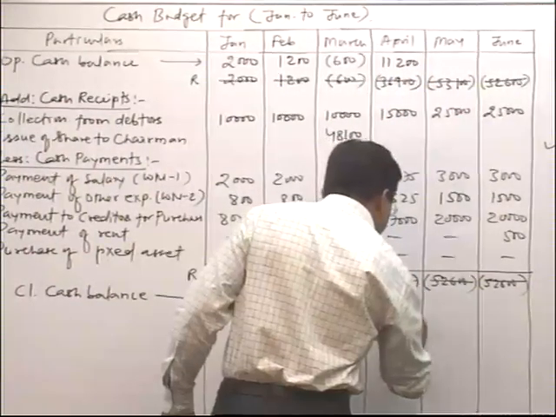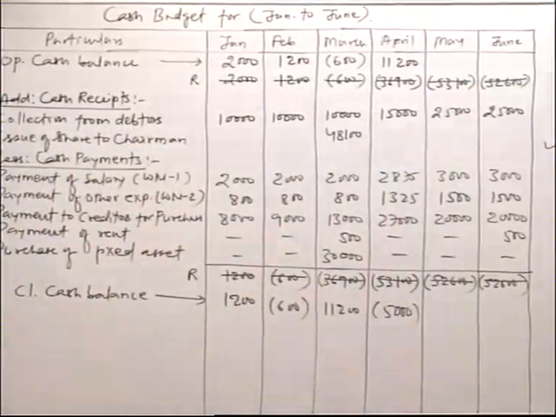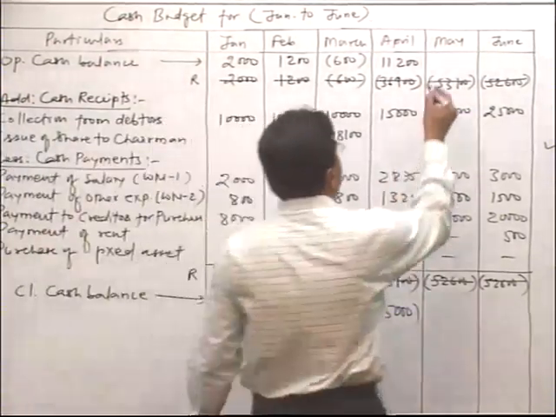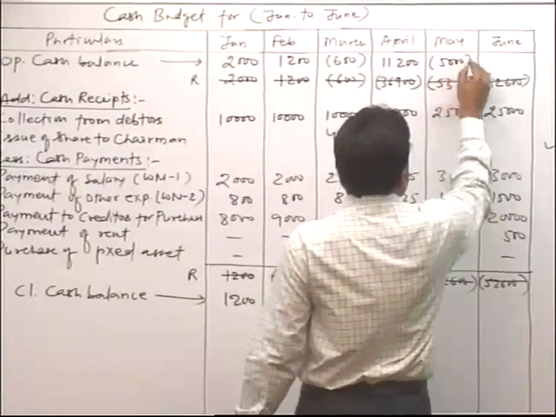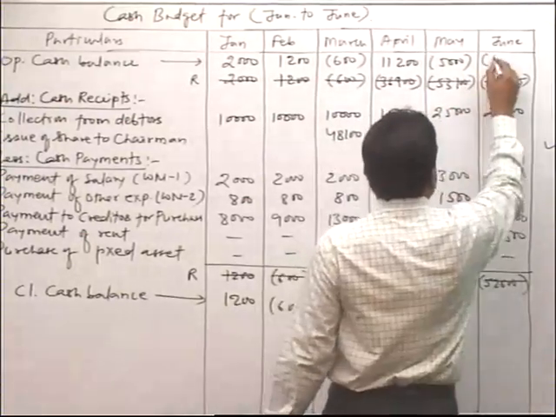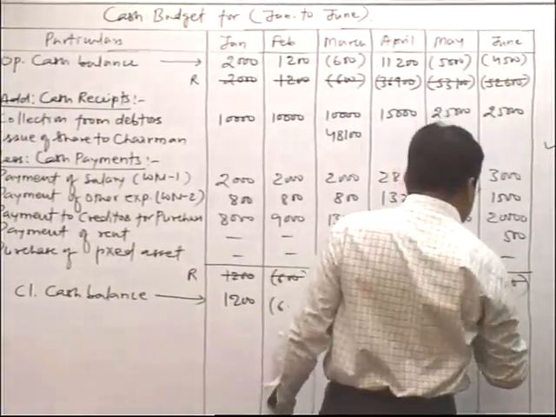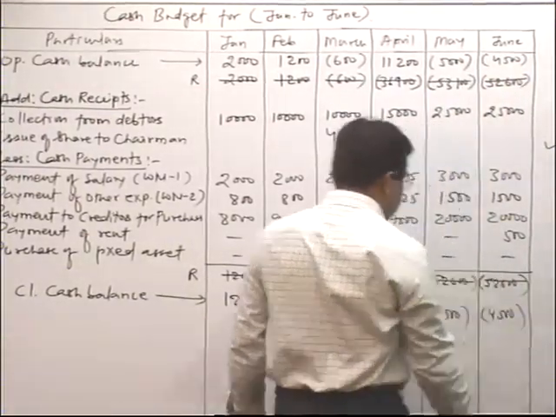In April there will be an OD of 5,000. Then in May there will be an OD of 4,500. And in June there will be an OD of 4,500.